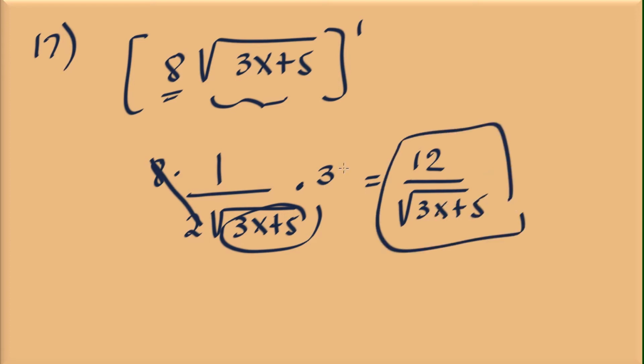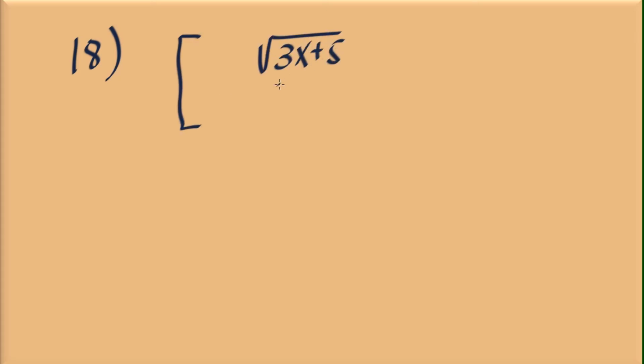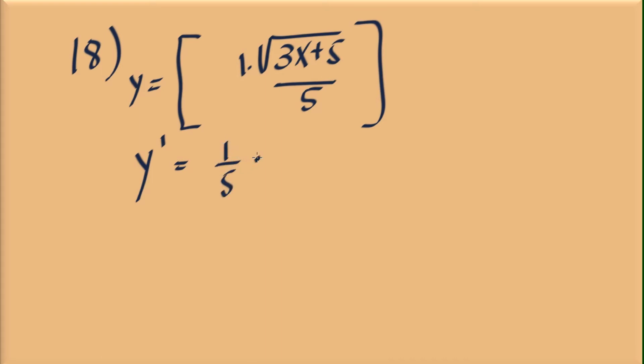Let's look at number 18, one more square root example. This time we have a constant as our denominator, say 5. So what is y prime? Now this over 5, you can always pull it out because that's your constant.